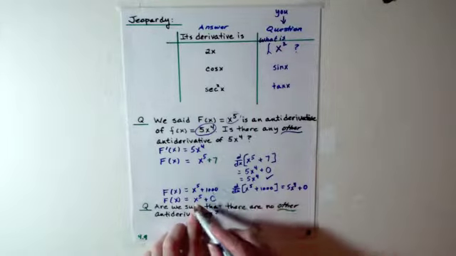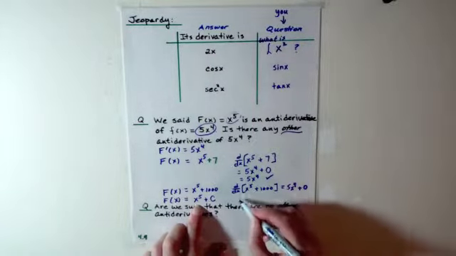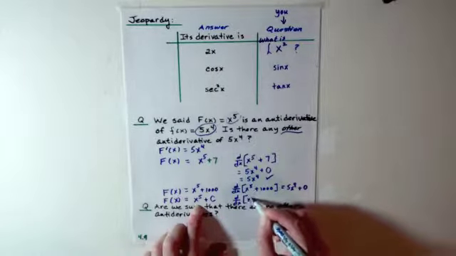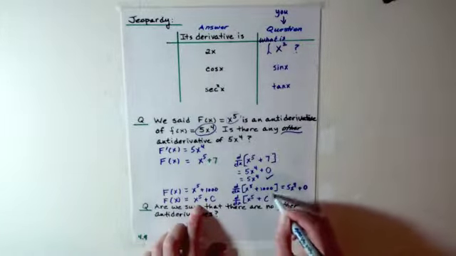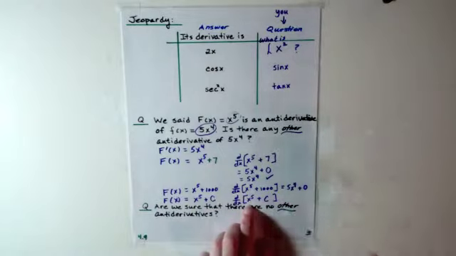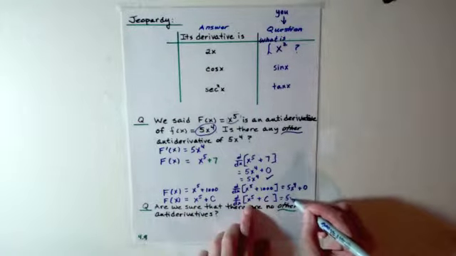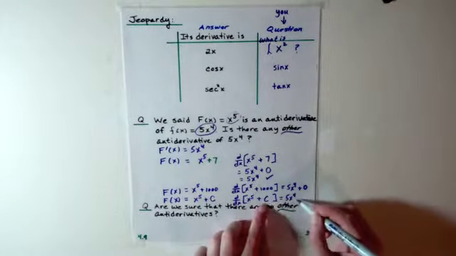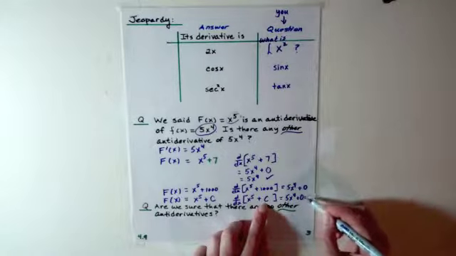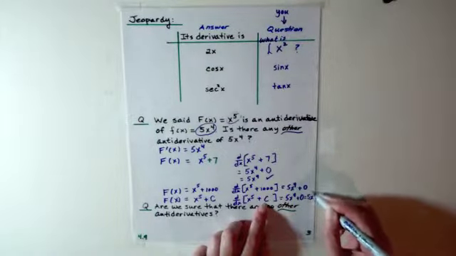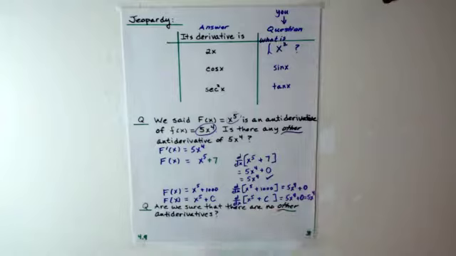And when I take the derivative of this, it will still work out. So when I take the derivative, let's just double check, of x to the fifth plus any constant, I take the derivative of x to the fifth, that's 5x to the fourth. Take the derivative of the constant, that's 0. And so I do get 5x to the fourth. So I can really add on any constant here.